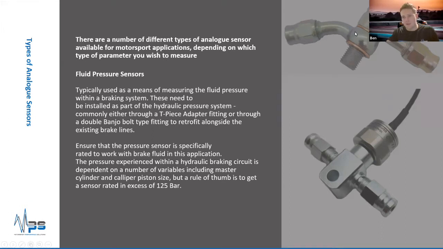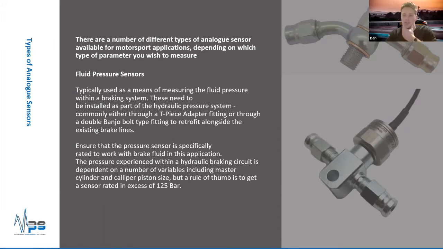The other way of doing this, if you've already got established brake lines, a braking system that uses a banjo bolt to connect to the master cylinder or another joint in your system, is you can get these extended, called double banjo bolts, which essentially allow you to break into the circuit and add your own specific line, which would go to a brake pressure sensor and nothing else, without the need to modify your braking lines that are already there. So there are a couple of options.